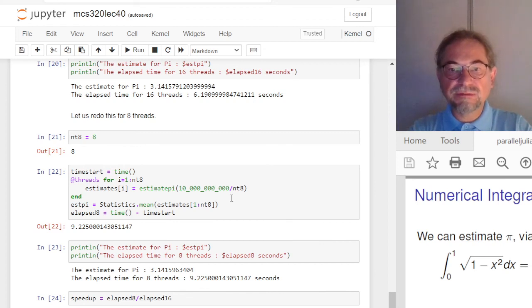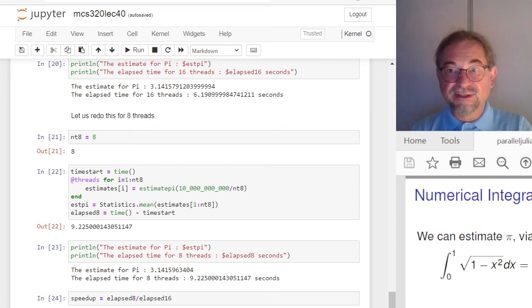You see the difference with the number of threads, and you also see the slight change when I compute the mean. So I still have about the same accuracy, so the accuracy is not very high. The time actually went up from 6.1 to 9.2. So in doubling the number of threads, going from 8 to 16, I have a speedup of 1.5, which is not that bad.